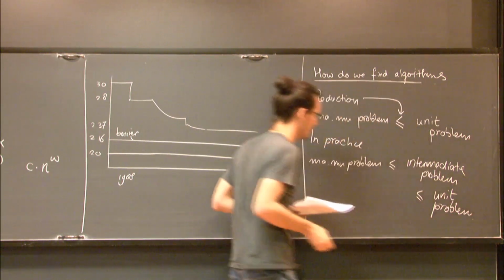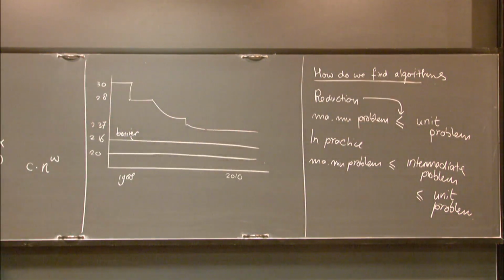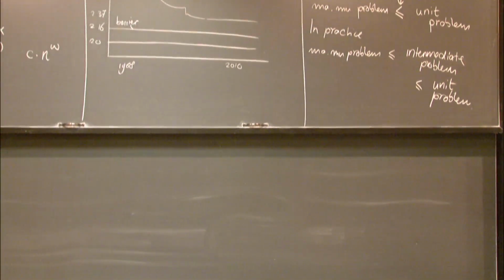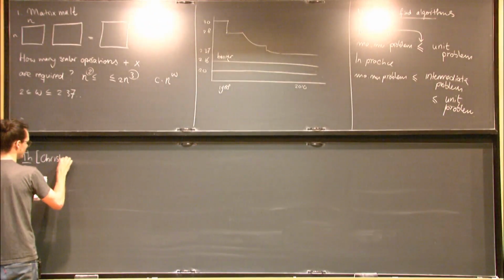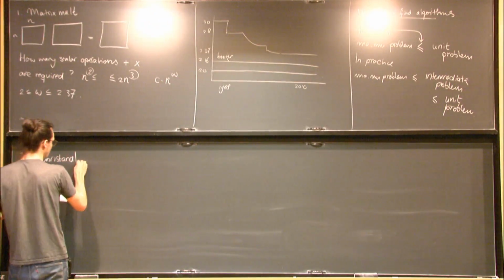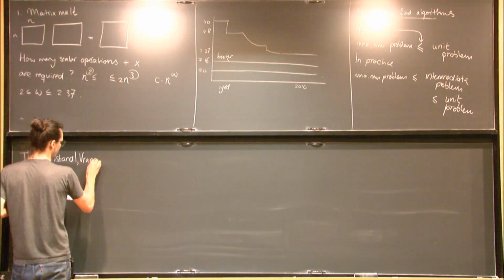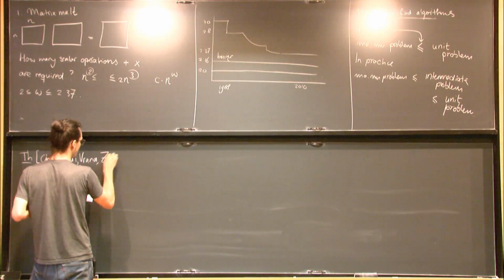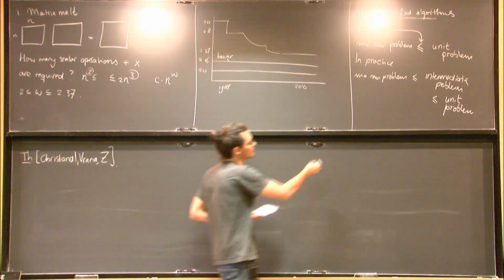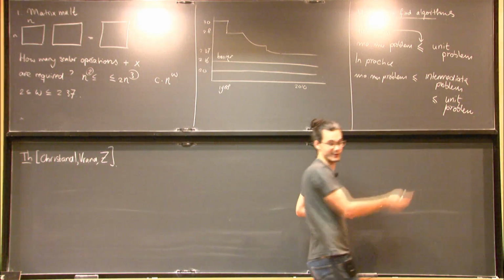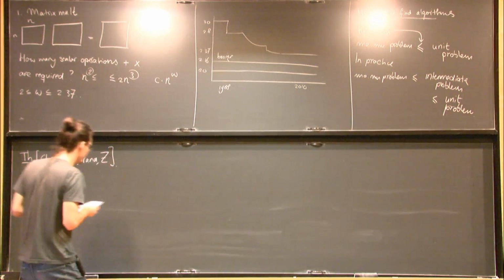Okay. And the theorem that I want to prove, this is with Christandl and Zuiddam, is that if you construct your algorithm like this, then there will be a barrier.